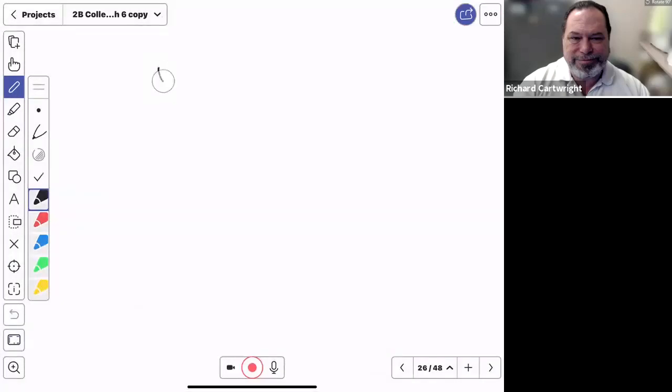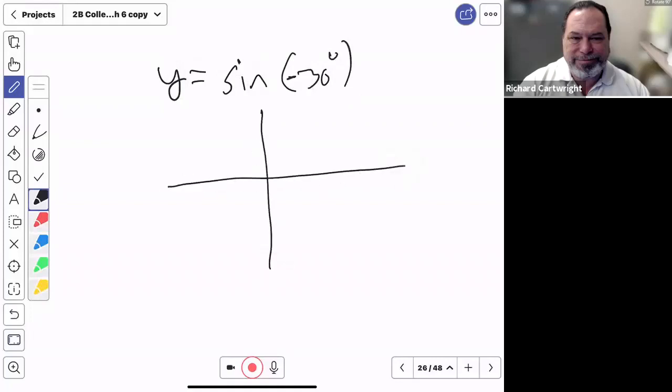If I want to look at y equals the sine of a negative 30 degrees on a unit circle, well, let me first do positive 30 first. That means the angle goes up this way, and there's 30 degrees here. It opened up.